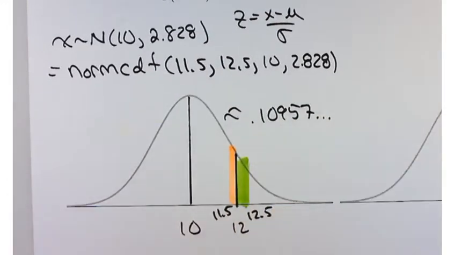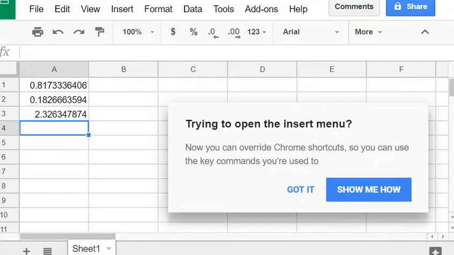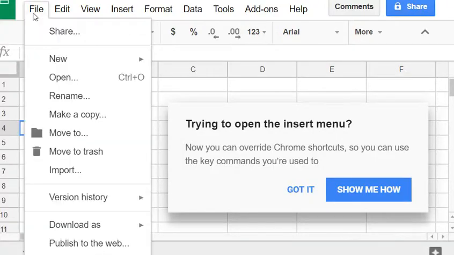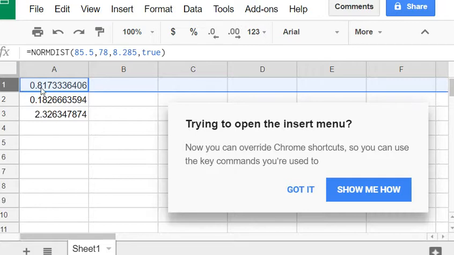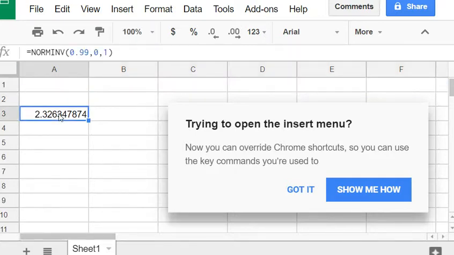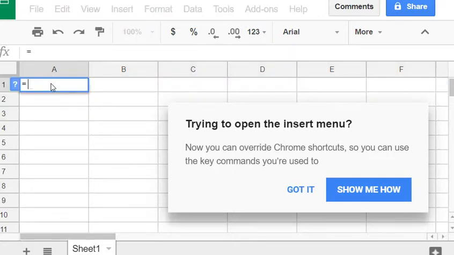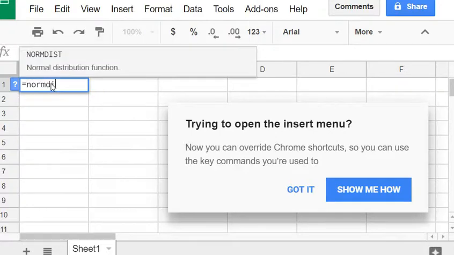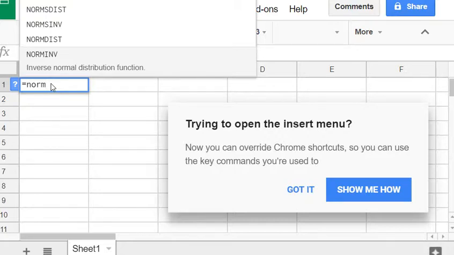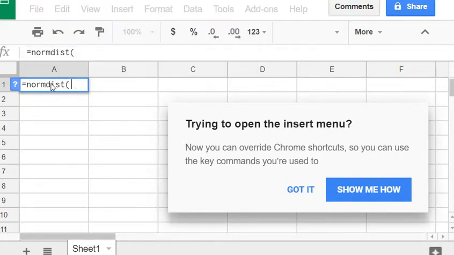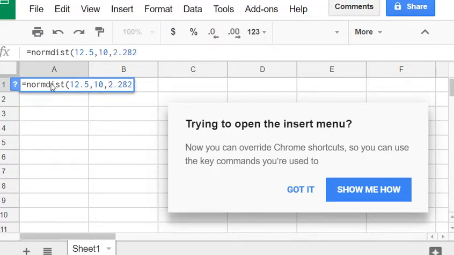Let's take a quick peek at it in Google Sheets. I'll just clear these out. So equals norm distribution of, we'll start out with 12.5, comma, 10, comma, 2.828, comma, true.